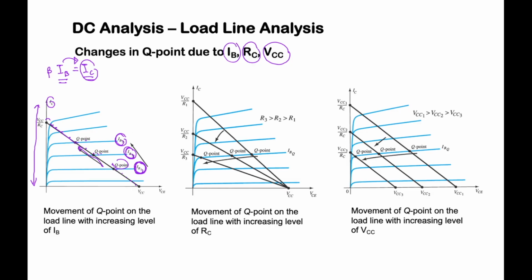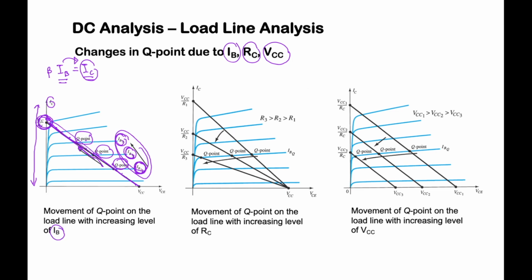So that is the effect of your IB current. Will this DC load line change? No, the DC load line will remain the same. The only change is the position of the Q point itself, if you change the value of IB current.